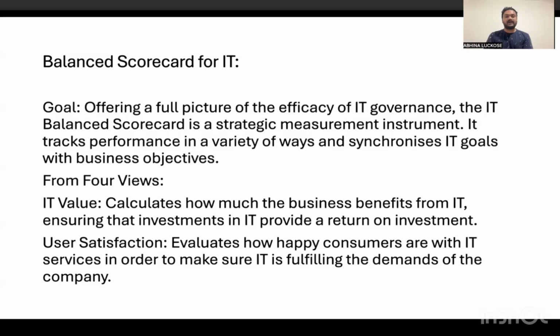From the view of IT value, calculate how much the business benefits from IT, and ensure that investments in IT provide a return on investment. User satisfaction: evaluate how happy customers are with IT performance in order to make sure IT is fulfilling the demand of the company.